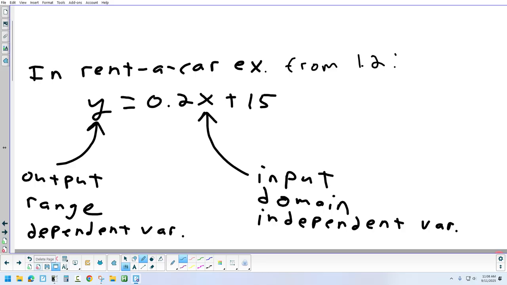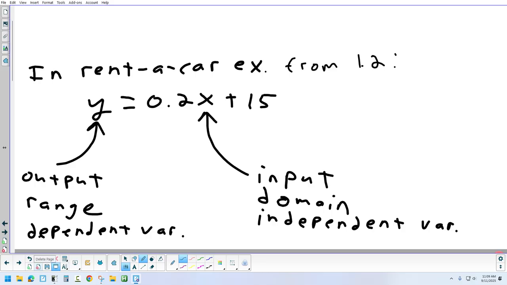When we are looking at domain, there's two things we have to be careful about, that we're not allowed to do. Does anybody remember one thing you can't do with division? Divide by 0. Right, you can't divide by 0.